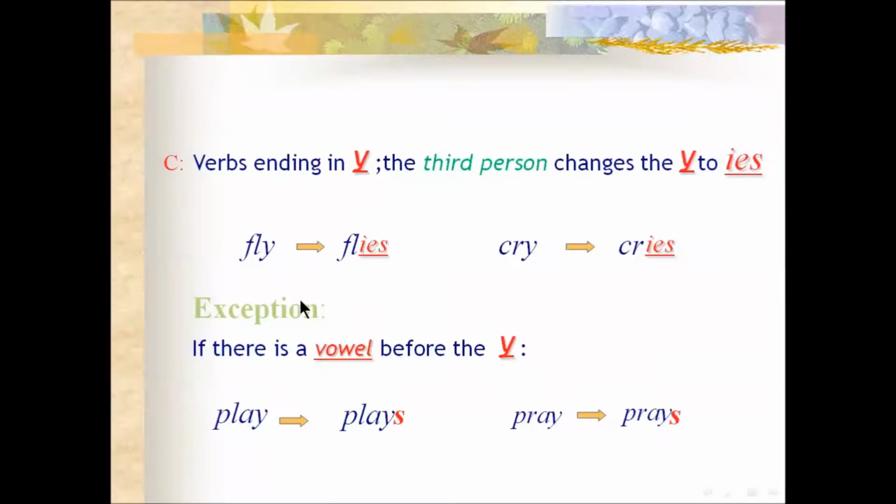That's it. But if the verb ends in a vowel plus y, for example, the word play, a is a vowel and then ending in y, so we don't change y to ies here, but just add an s. Pray and then prays, just add an s.